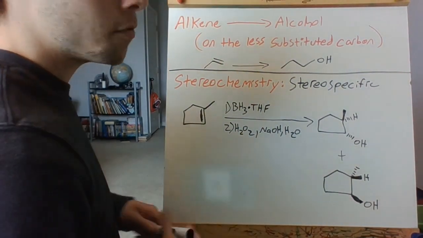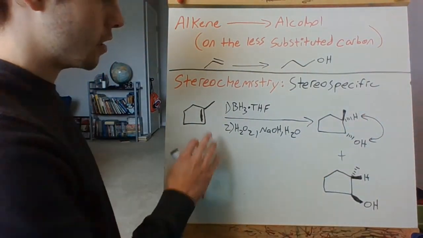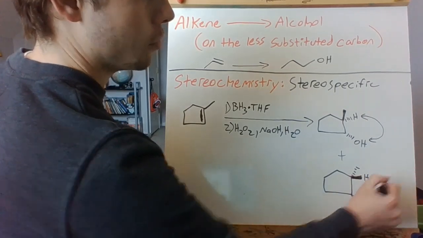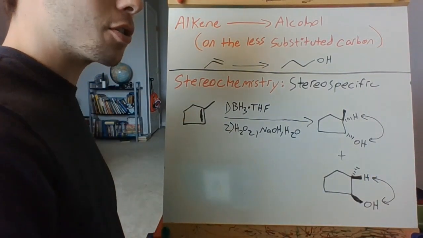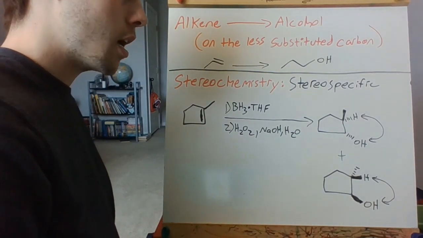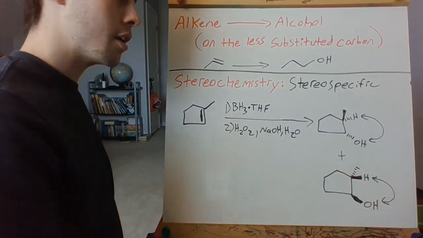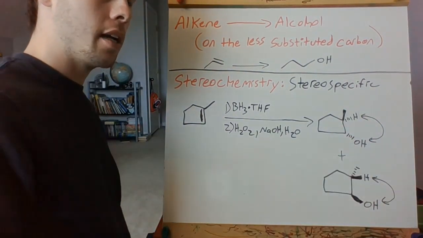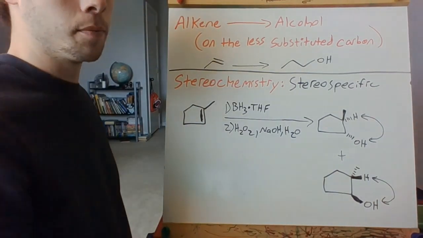Notice that we have to get the hydrogen and the OH that is added to the alkene on the same side of the molecule. And so these are what's called syn addition. So we've talked about anti-addition in previous reactions. In this case, we get syn addition, where the H and OH add to the same side, and this must happen because of the reaction mechanism.